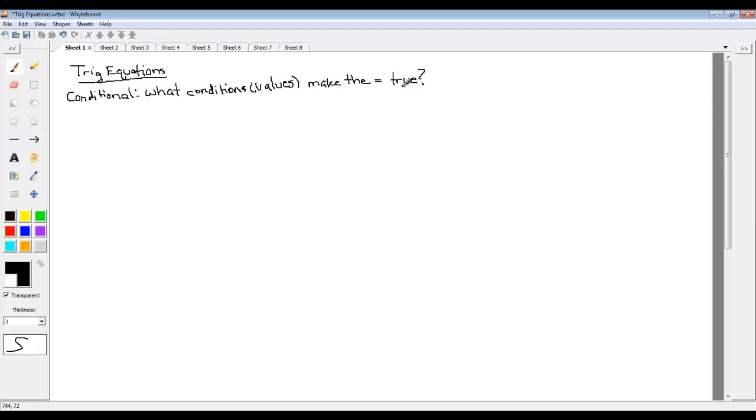And with trig equations, you have to be especially careful and look at what domain they want you to be within. If they say all possible values, that's different than saying all values within the interval from 0 degrees to 360 degrees. You can end up with multiple answers depending on what interval your solution needs to be found in.